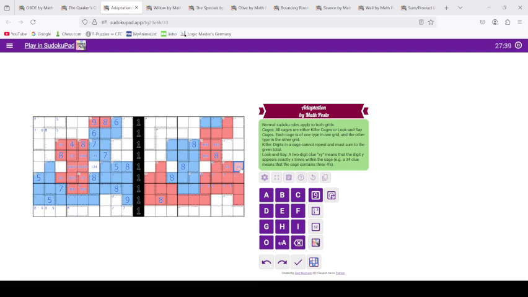In fact, 8 can't be part of this cage. 8 can't go here. 8 can't go there because there's 8 in that cage, and it can't go here because of that row. So 8 is outside of this cage and has to have 2 more cells adding up to the 8s because there's 3 cells adding up to 16 outside of this cage. Which has to be a 6 here and a 2 as well. 6, 9, 2.